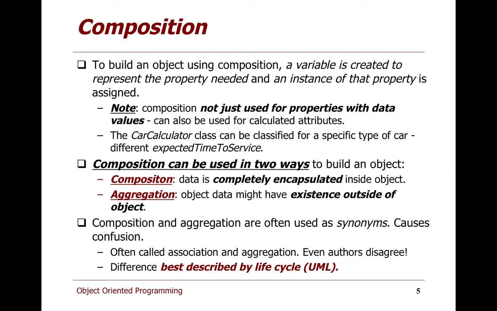Now, unfortunately, a lot of the literature and books swap and use these terms interchangeably, and it's not quite clear what is what. They're used as synonyms, and this can cause a lot of confusion. Some people call this association and aggregation, so we have authors themselves disagreeing. However, I believe that the best way to distinguish between them is using their life cycle, and this is what the UML notation forces us to do.